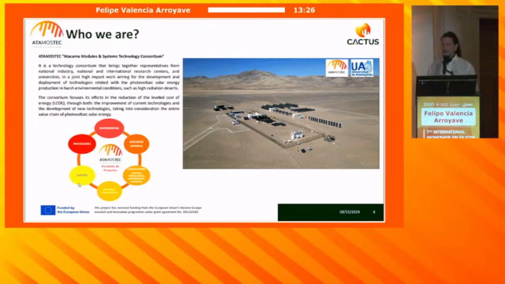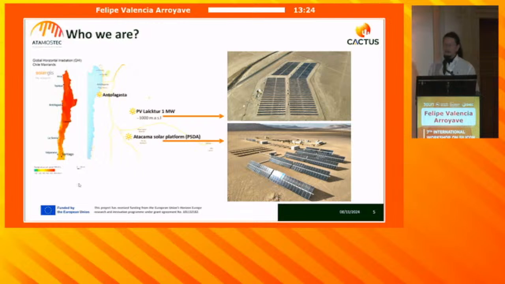For doing that, we have, among different things, 2 testing platforms. One is a 1 megawatt platform that we use for testing all the digital tools that we develop in order to digitalize the energy production in Chile.